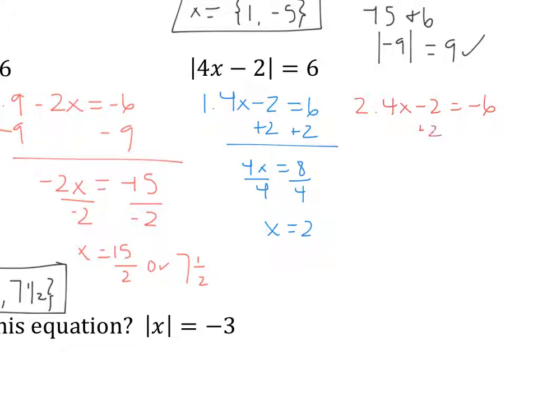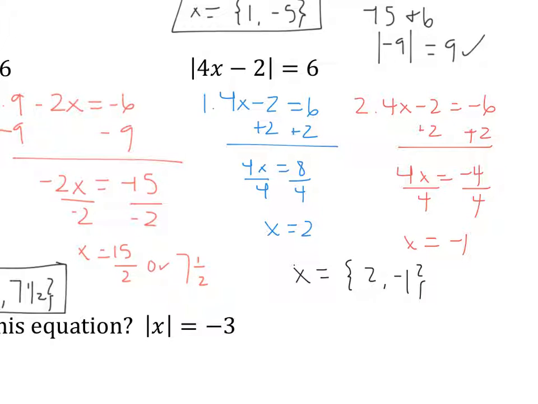Here I'll add 2, so -6 plus 2 is -4. Last would be to divide by 4, and so x equals -1. And again, please feel free to plug both of the answers back in and check your work.